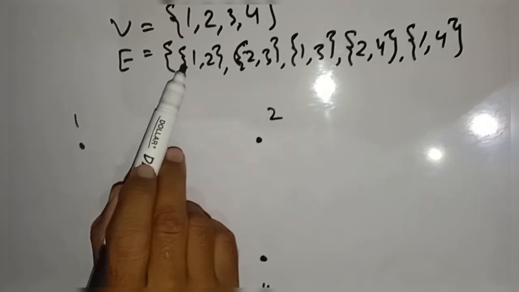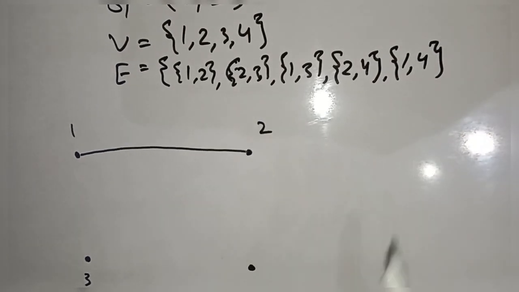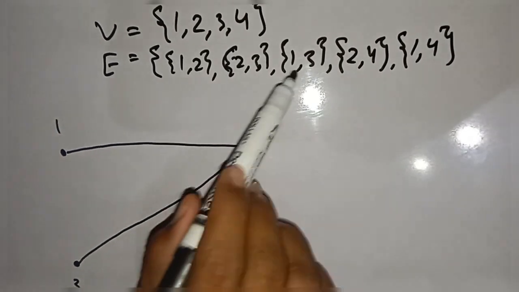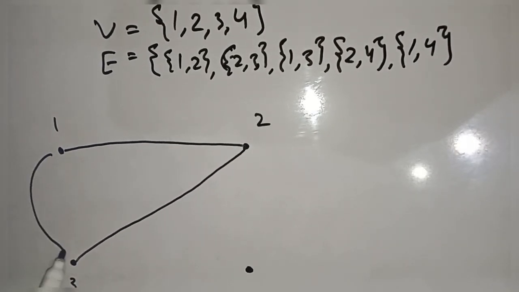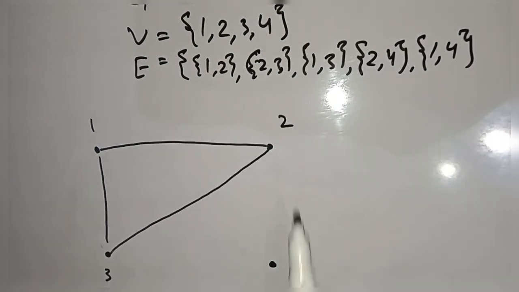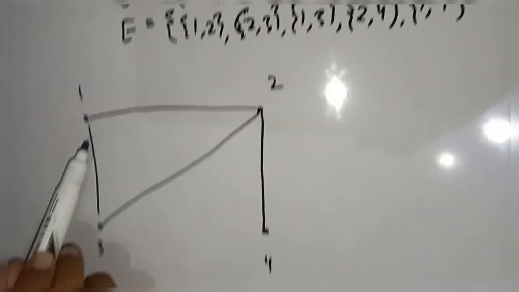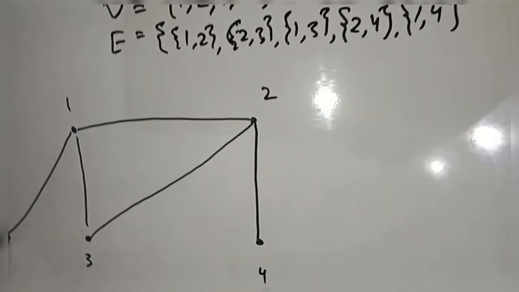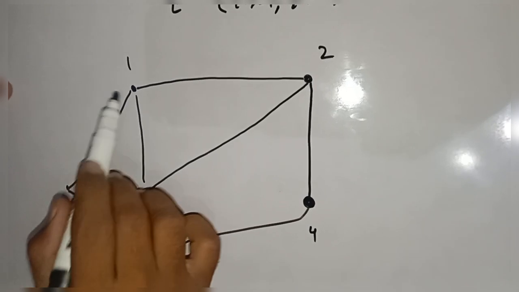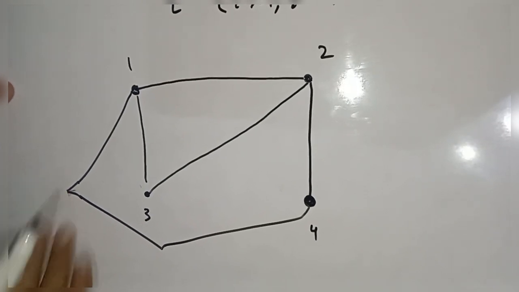So we construct the graph: 1 to 2, then 2 to 3, then 1 to 3, which can be a straight line, then 2 to 4, and then 1 to 4. This is not a node, but it shows the direct transition.